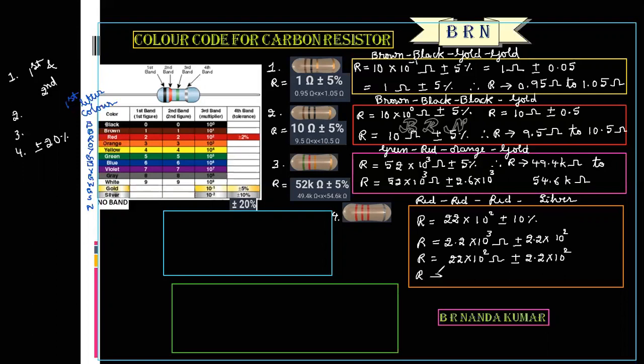So the resistance lies from 22 minus 2.2, that is 19.8 into 10 power 2, which means 1.98 kilo ohm, to 22 plus 2.2, that is 24.2 into 10 power 2 ohm.